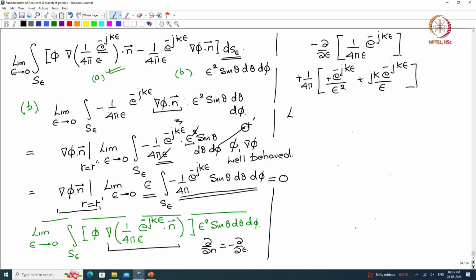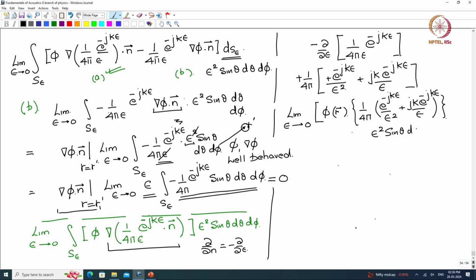So what I now have is the limit epsilon tending to 0 of phi, which is actually a function of r, then this thing that we found, 1 by 4 pi, e to the power of minus j k epsilon by epsilon square plus j k e to the power of minus j k epsilon by epsilon, into epsilon square sine theta d theta d phi.